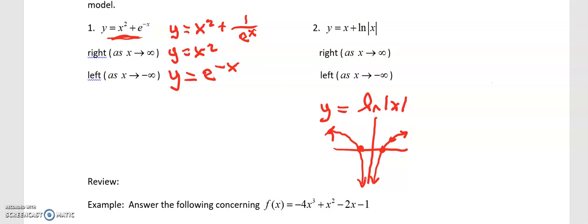All right, so what's happening here is, and I'm going to use this graph to help us out, right? When I put large numbers in, let's go our right end behavior model. As I put large numbers in for x, this goes to infinity. Y equals x, we know what that graph looks like. When I put large values into the natural log of the absolute value of x, see how this right here flattens out on this graph?